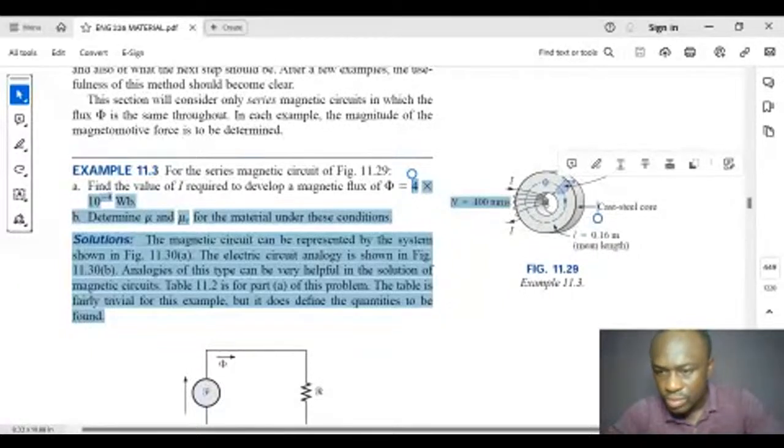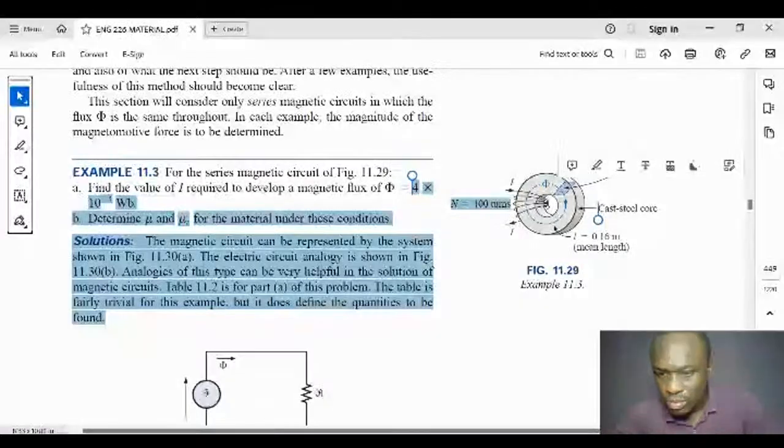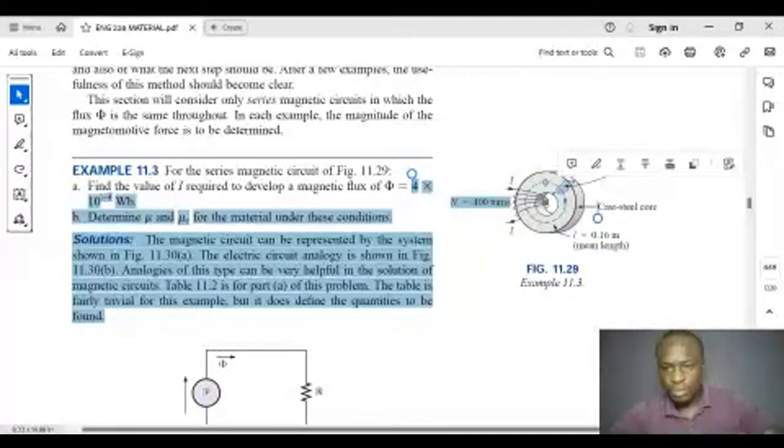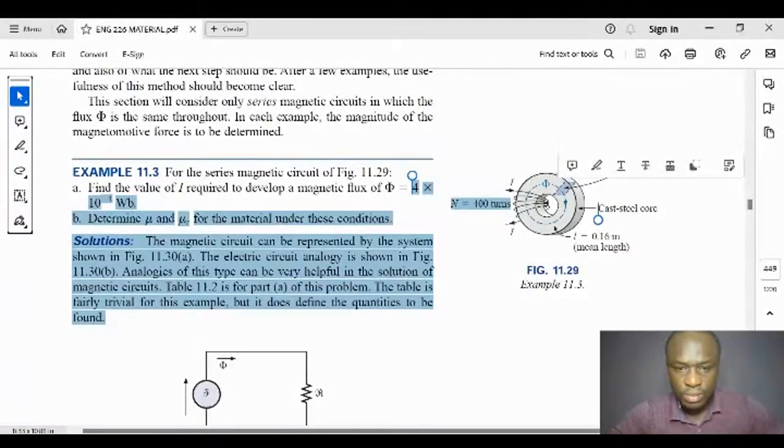Okay. So we solved this question last week.